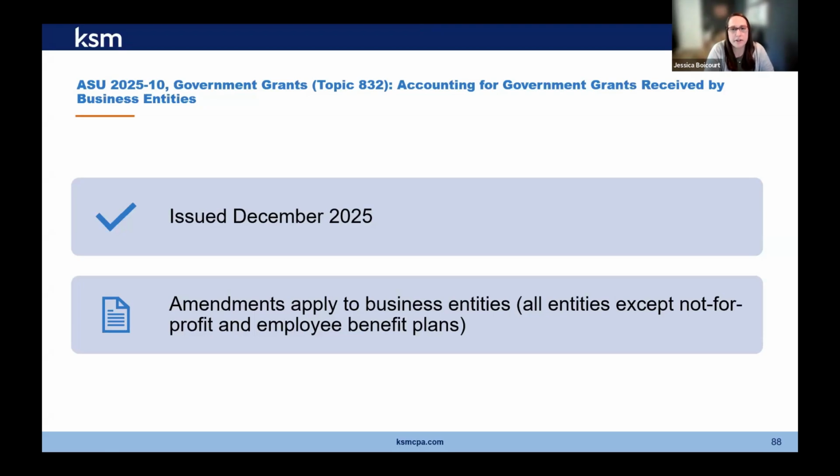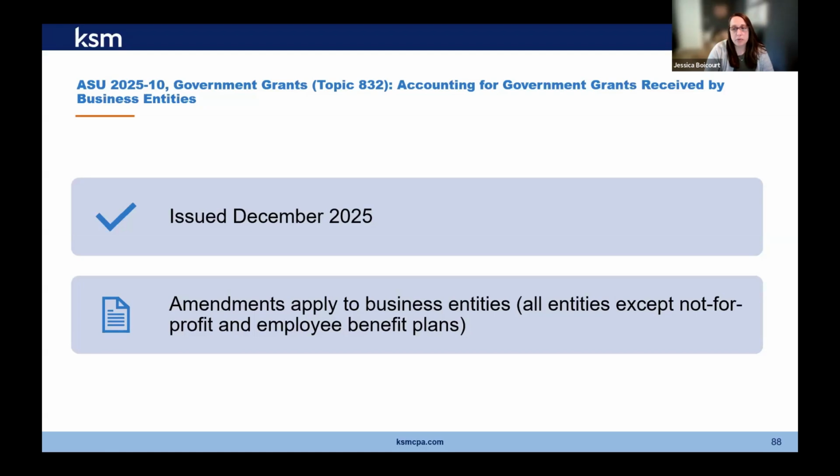Clearly, not-for-profits have their own guidance related to accounting for grants, but prior to this ASU, GAAP did not provide specific authoritative guidance about recognition, measurement, and presentation of when a grant was received by a business entity from the government. And so without that, there were a lot of entities, especially as we look back to COVID, when there were a lot of for-profit entities that received government assistance.